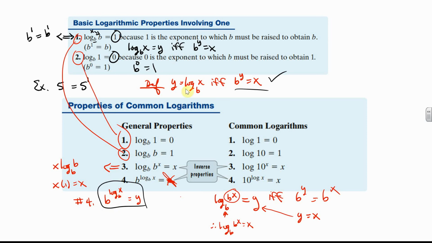So I'm going to say that this y is the same y right here. Now notice that this y here is going to represent this x over there. So this is log base b of y is equal to log base b of x, based on the definition.